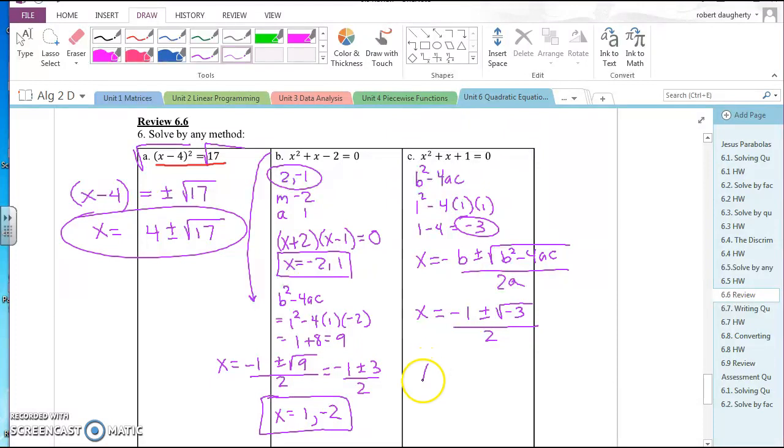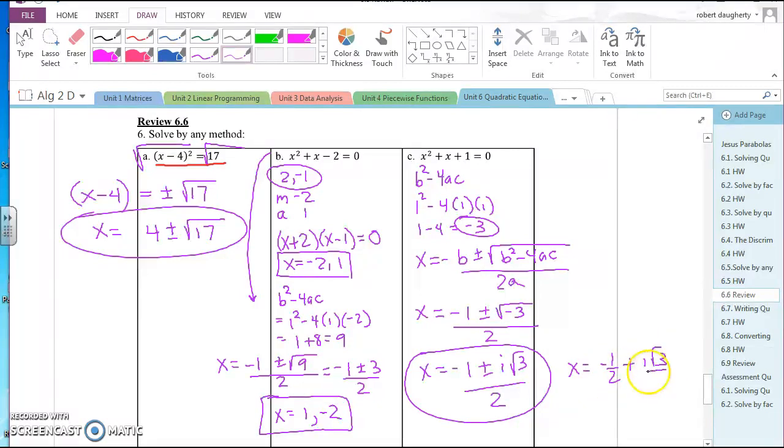So this is x equals -1 plus or minus i square root of 3 over 2. So you could leave your answer like that, or you could write x equals -1/2 plus or minus i square root of 3 over 2. Either of those would be good answers for that problem.